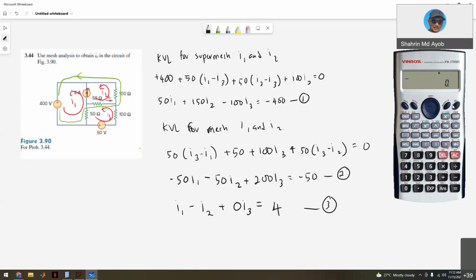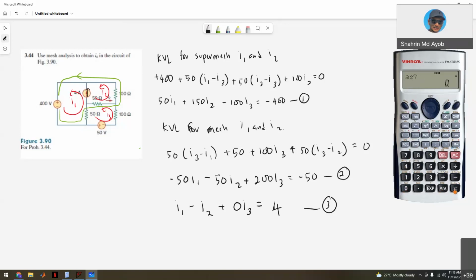Right now we have three variables and three equations. So by using your calculator, you need to click mode, equation, and choose three unknowns. So your A1 should be 50. Just enter all the values. So negative 100, negative 400, sorry. Why is my number not going? Okay.